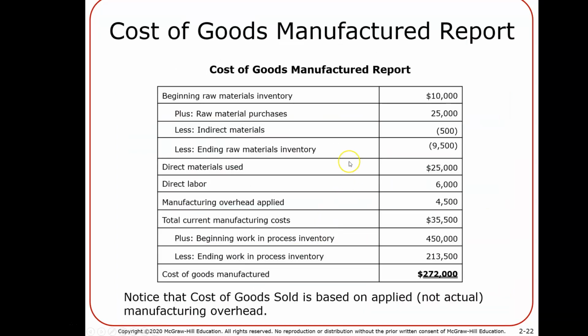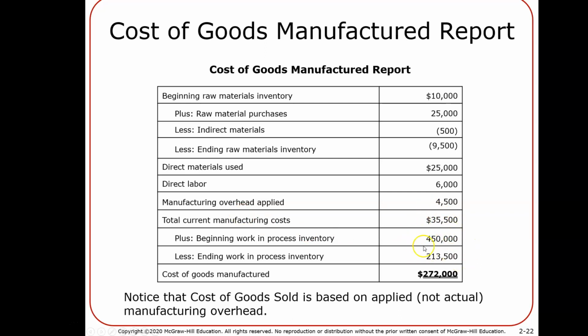When you're finished, you create a cost of goods manufactured report. Essentially, we're taking those T accounts and saying beginning raw materials plus what we purchased, less the indirect, less the ending raw materials equals our direct materials used. So direct materials, direct labor, manufacturing overhead applied, those 3 total our current manufacturing costs.